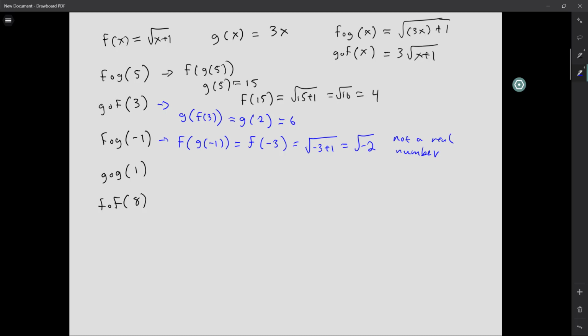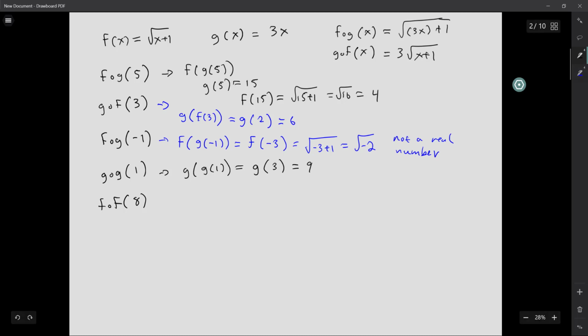Now I can compose a function with itself. So here I've got g of g of 1. g of 1 is 3, so I'm looking at g of 3. But g of 3 is going to be 9.